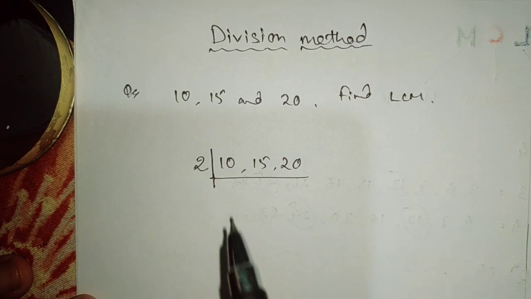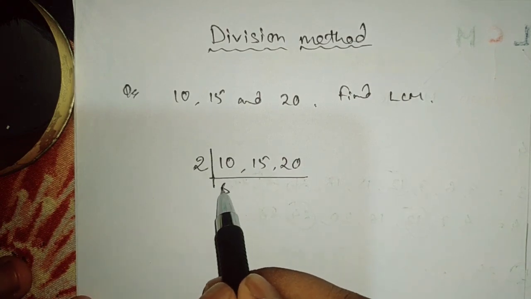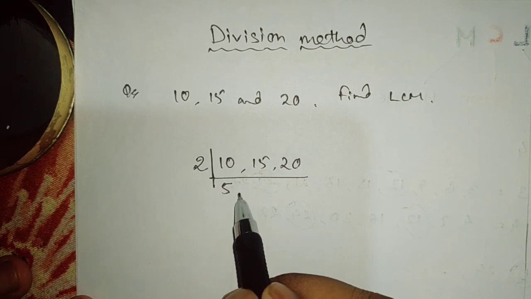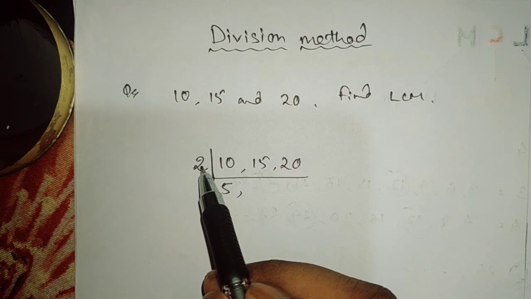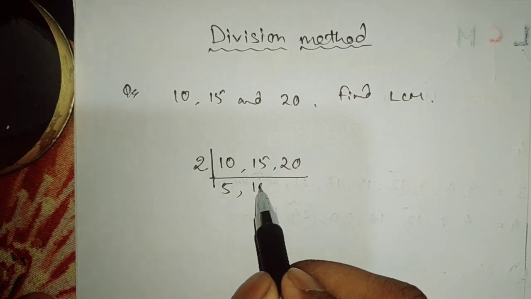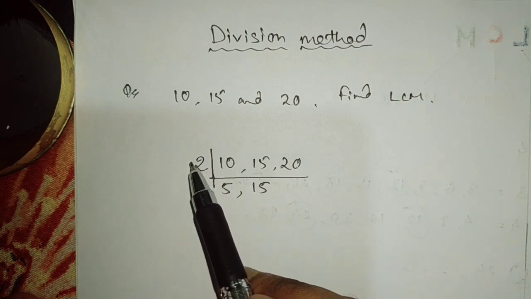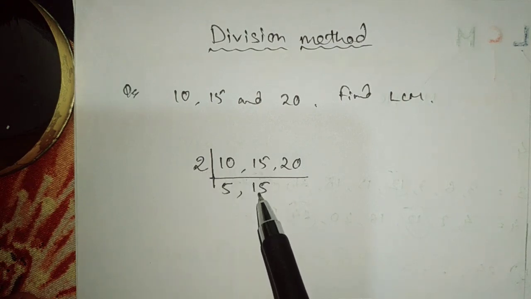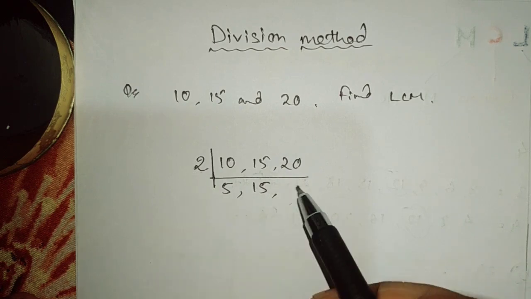Don't worry about that, you just take 2 and divide. 2 5s are 10. Now give comma, and since 15 is not divisible by 2, we'll keep 15 as it is. We will not disturb this 15. Since 20 is divisible by 2, we will divide.